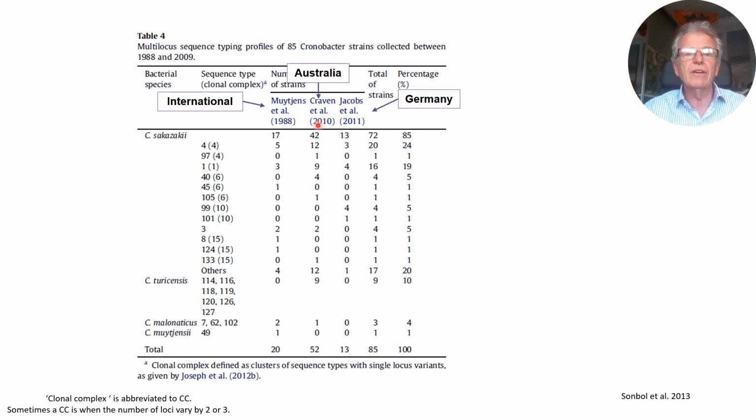We also looked at Heather Craven's paper from 2010, the strains which had been collected in Australia, and we looked at the Jacobs ones from Germany of 2011. So it's a very broad, around the world international collection of strains from powdered infant formula and milk powder factories.